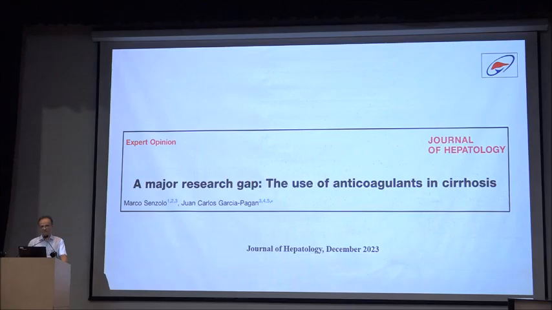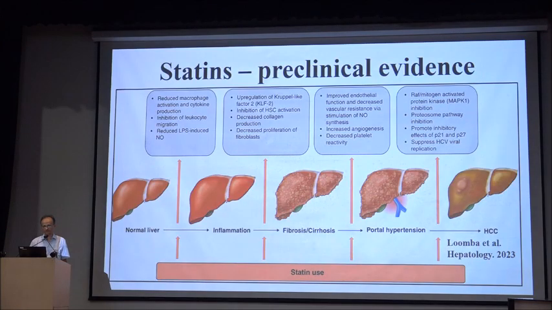But in those studies, cirrhotic patients have been specifically excluded for fear of a negative outcome. Therefore, this is an unmet need, the use of anticoagulants in cirrhosis, and it should be explored further.